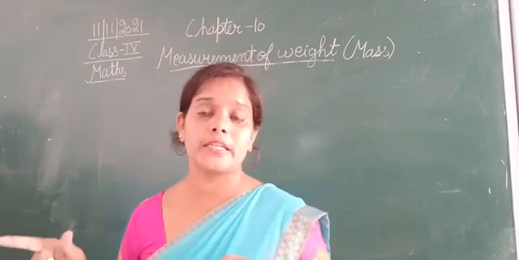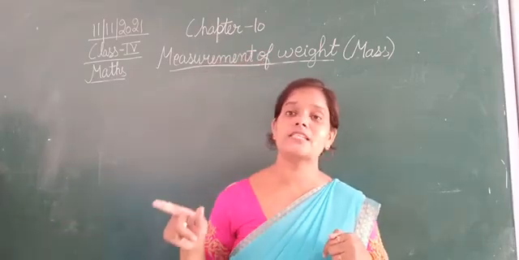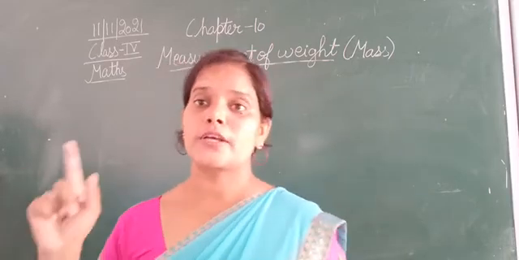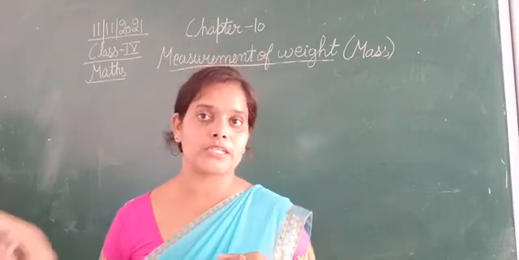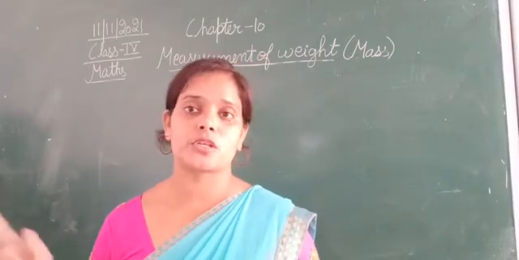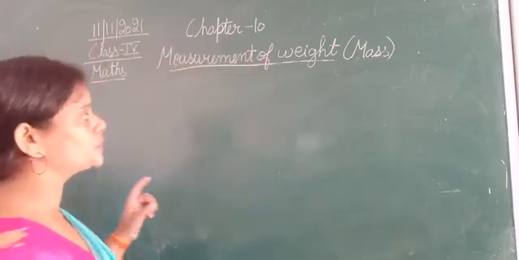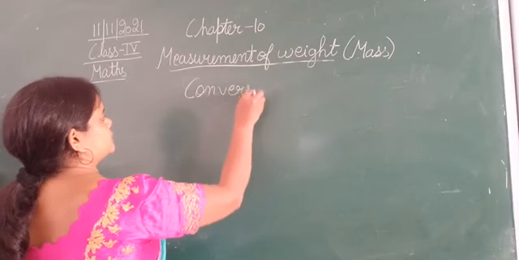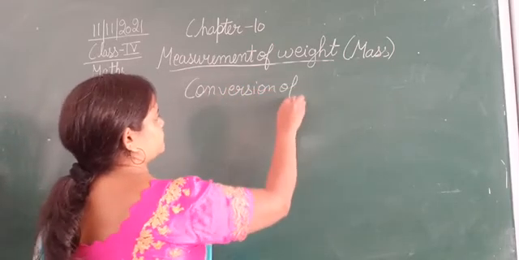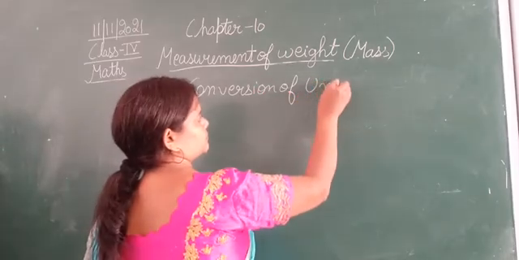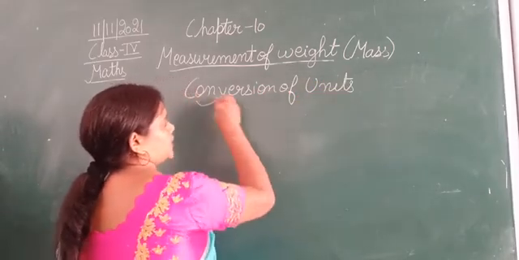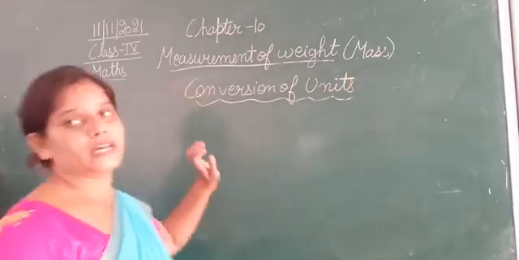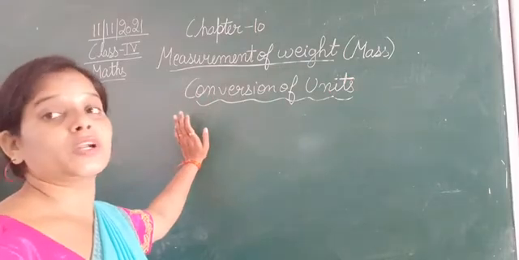If you remember, in your previous class, class 3, we did the conversion of smaller units into bigger units and bigger units into smaller units. For the conversion of any units, first of all you need to understand the measurement units.